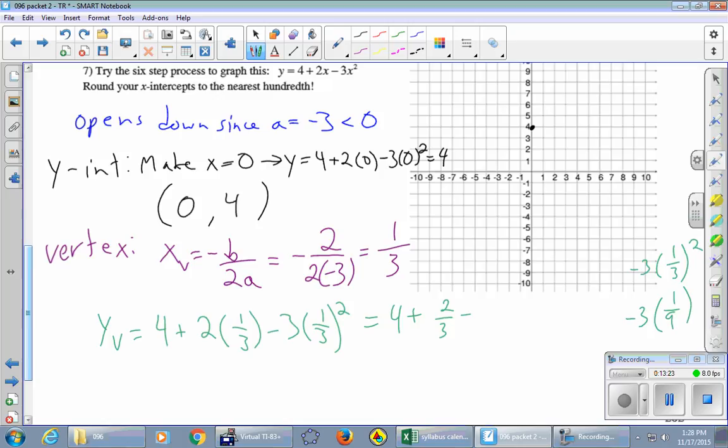And then the 3's cancel, right, where 3 goes into 9 evenly. So we just get negative 1/3. Is that all right? Crossing off the 3 and the 9. So that goes right over here.